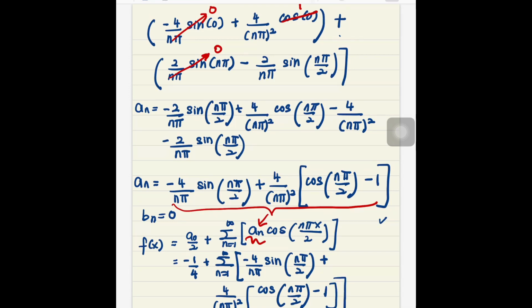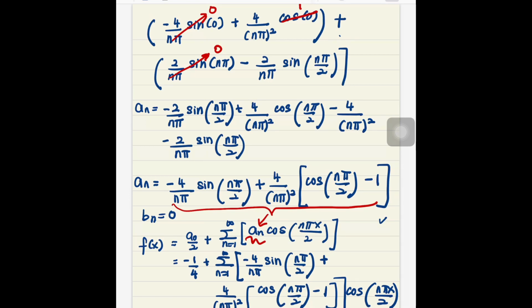So close bracket for this one and another big bracket for the first bracket. So the whole an here needs to be multiplied by cos n pi x over 2 because your L is equal to 2. Okay, so therefore this is your Fourier series expansion for this function.